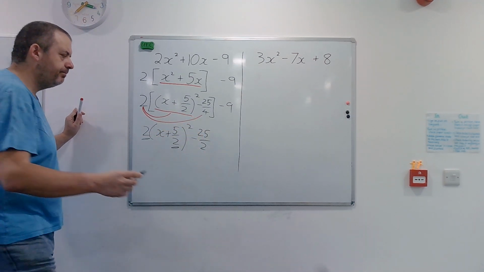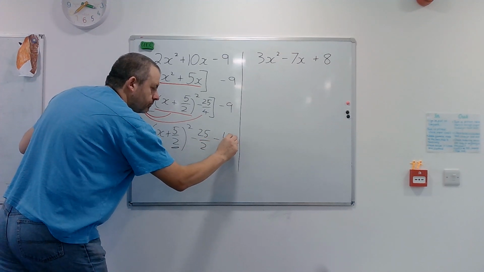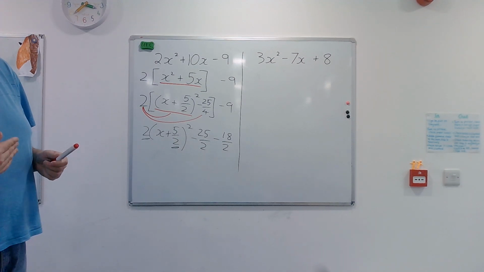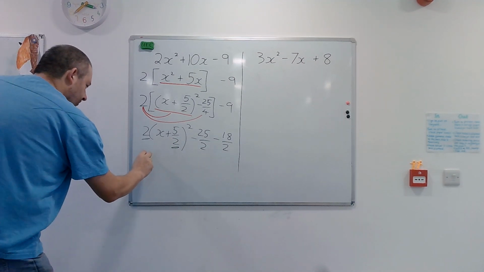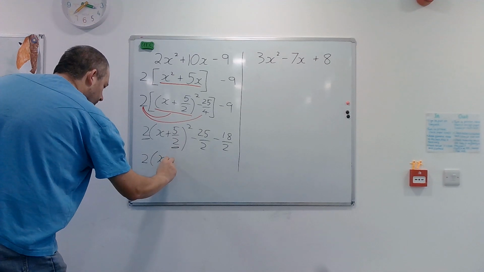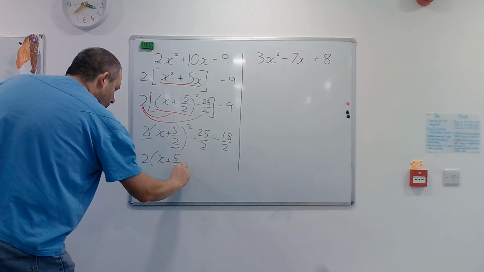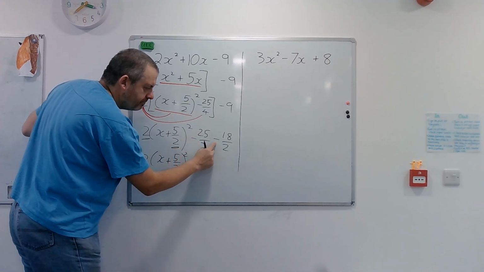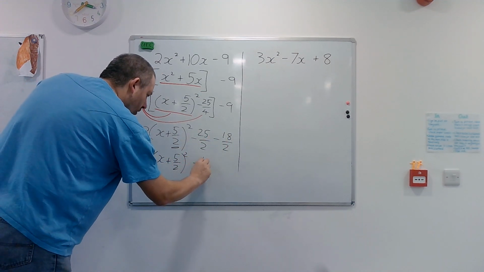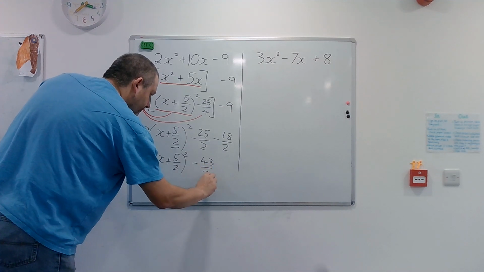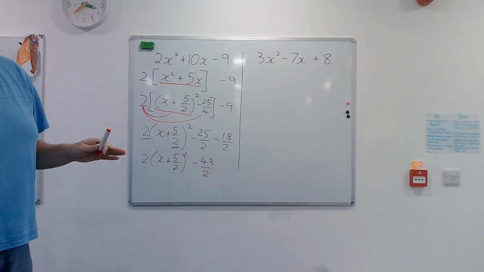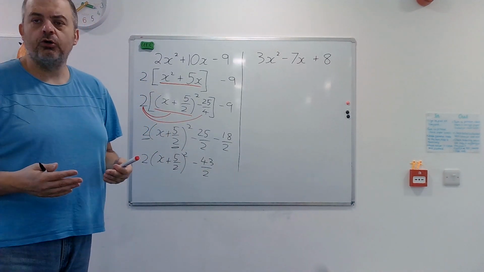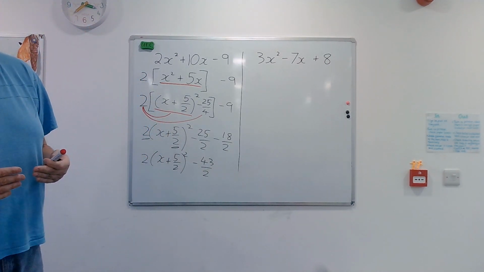And the final trick, change the 9 into the same sort of fraction so they can be easily simplified. Negative, negative, so it's -25, -18. We've got a -43. And just leave it. No point in mucking around with it. You can now use it for whatever you need, finding coordinates of the vertex or whatever.